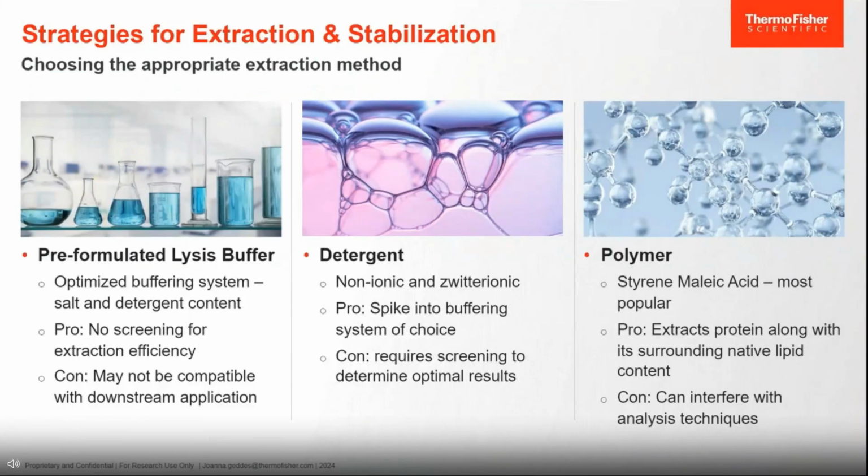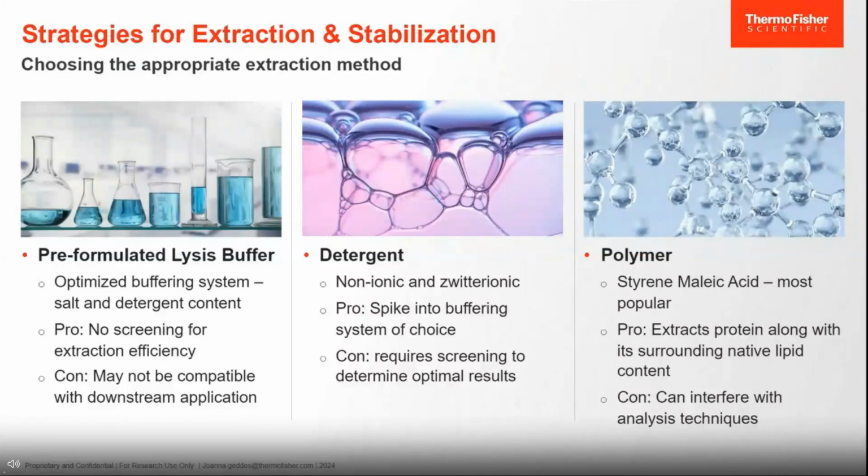Now, to summarize, a pre-formulated lysis buffer is going to give you an optimal buffering system that's going to give you the best extraction yield as well as stabilize your membrane protein of interest. A detergent is going to allow you to tailor your buffering system and the amount of detergent you add to your protein, as well as ensure compatibility with that downstream application.